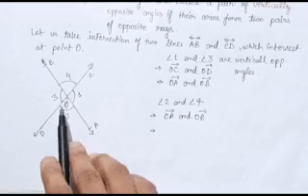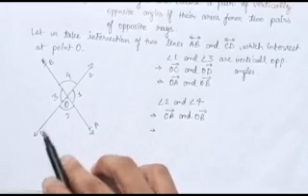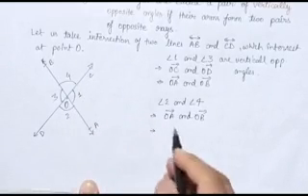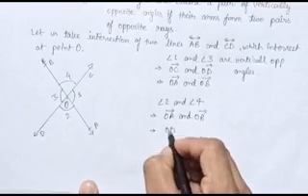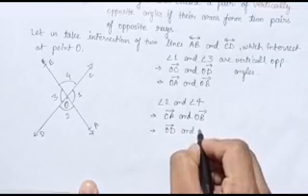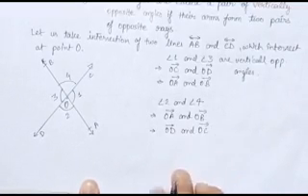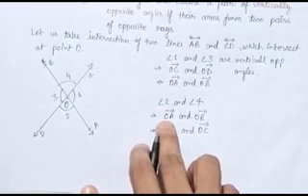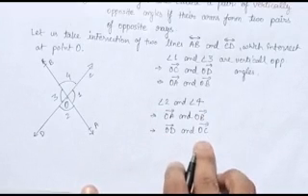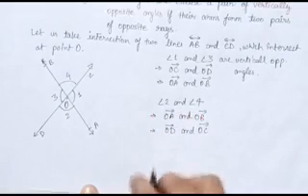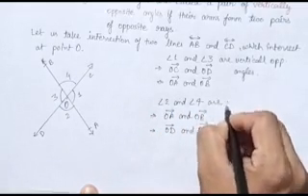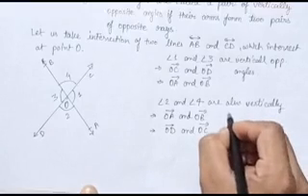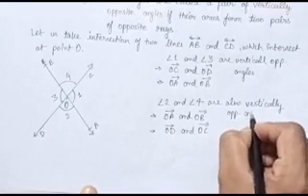Again, the ray OD of angle 2 and OC of angle 4 form a pair of opposite rays, so OD and OC. So for angle 2 and angle 4, there are two pairs of opposite rays: the first pair OA and OB, and the second pair OD and OC. Hence we can say angle 2 and angle 4 are also vertically opposite angles.